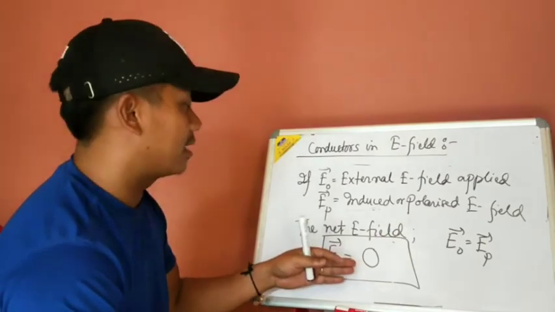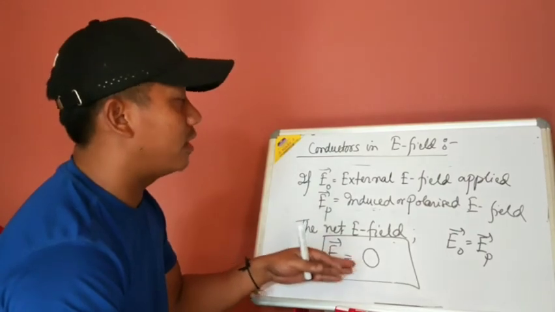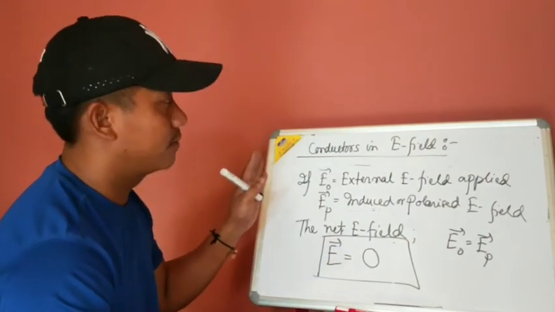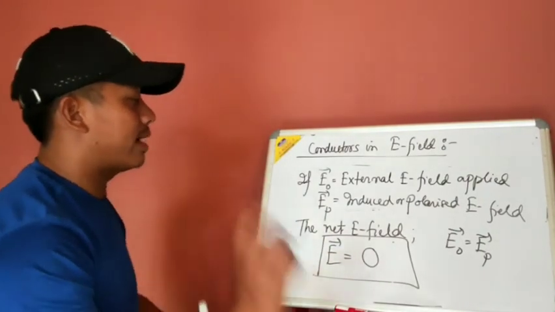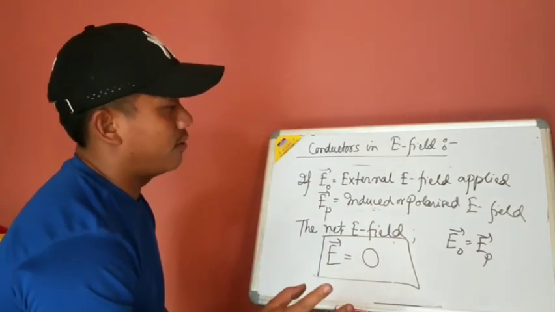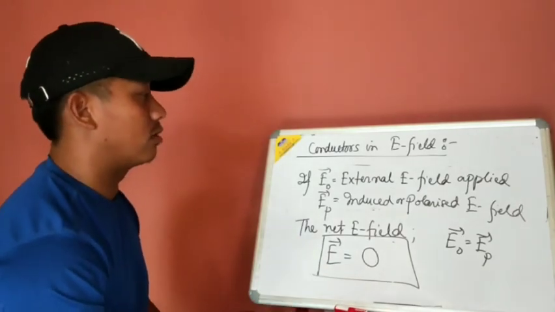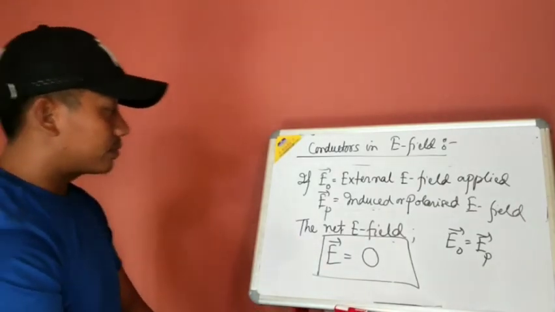That's why the electric field is always zero inside conductors. I hope this concept is clear; this is the origin of the principle of the capacitor.